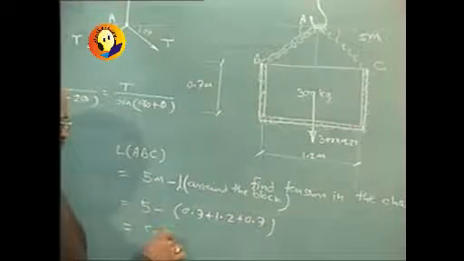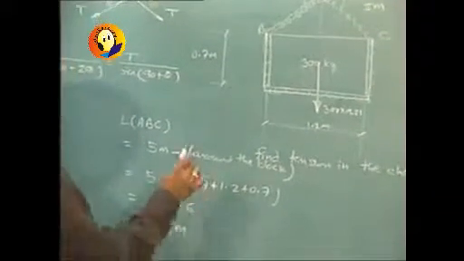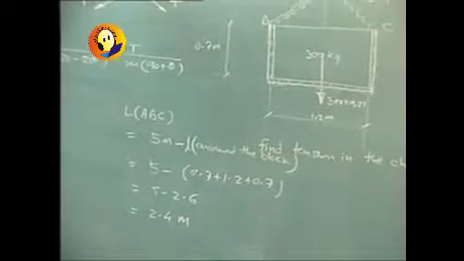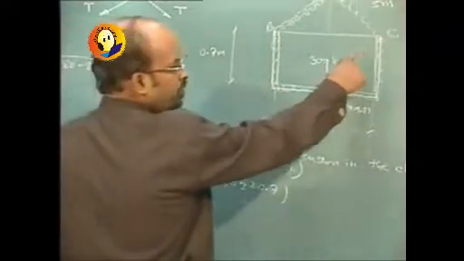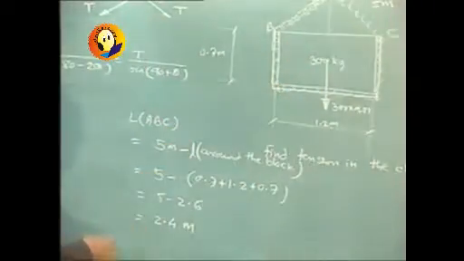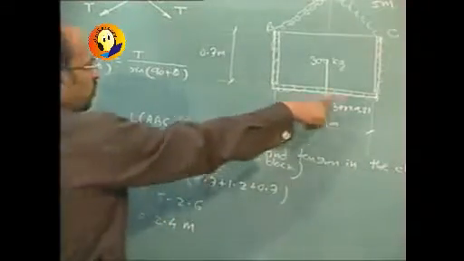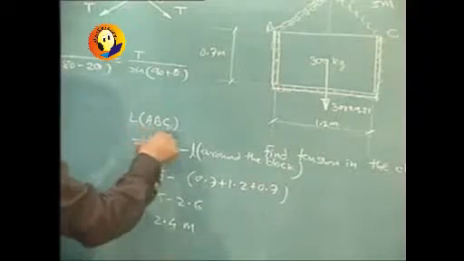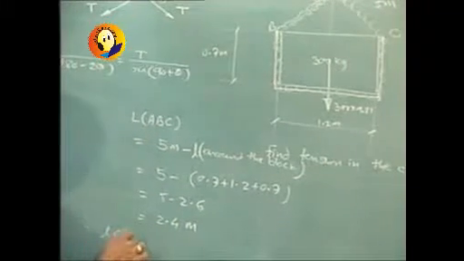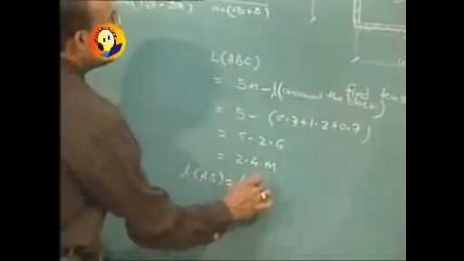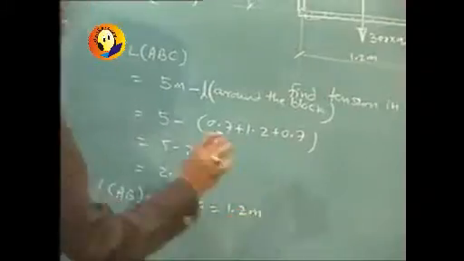So 5 minus 2.6, which will be 2.4 meters. And so length ABC will come out to be 2.4 meters. Length around the block is 2.6 and the length ABC is 2.4, and therefore length AB, which is same as length AC, will be 1.2 meters.